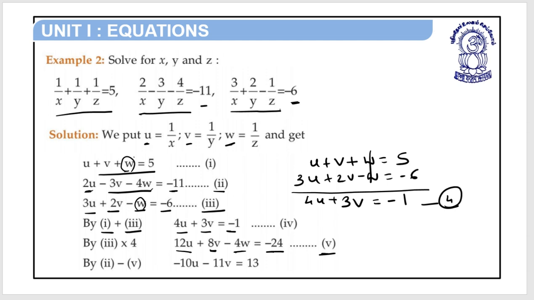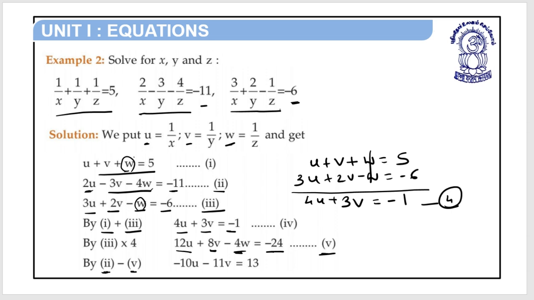Common is minus 4w. So now subtract equation 2 minus equation number 5.